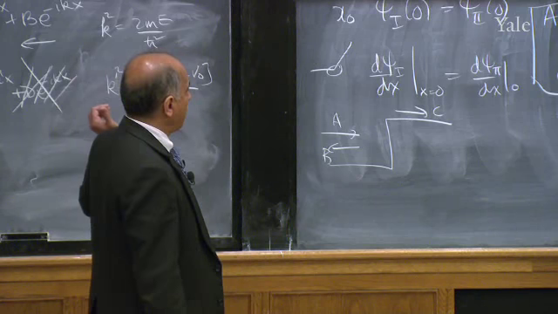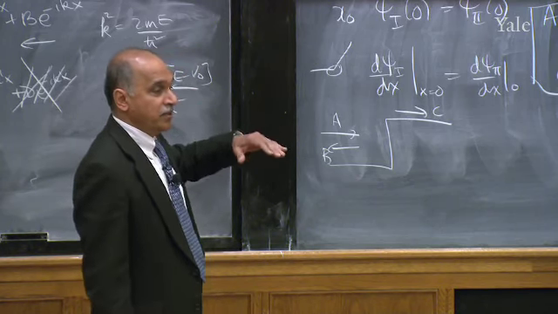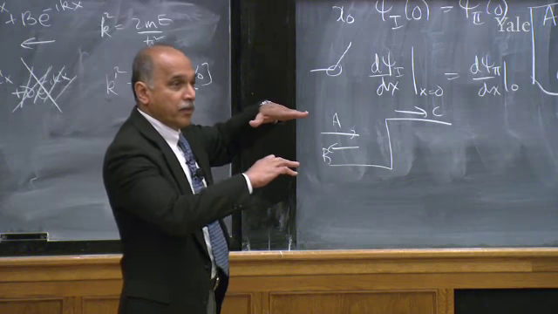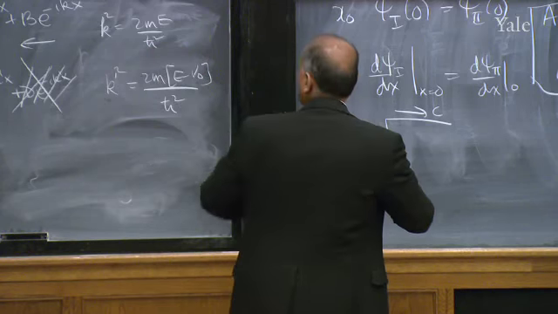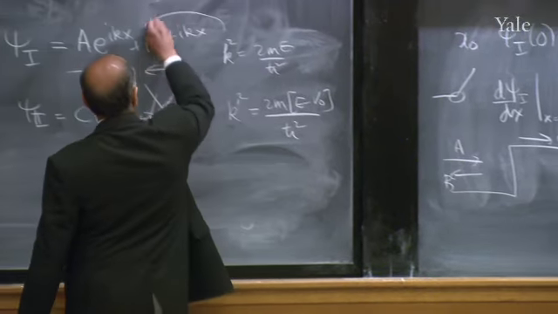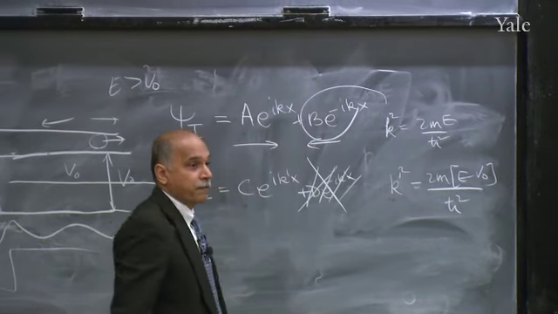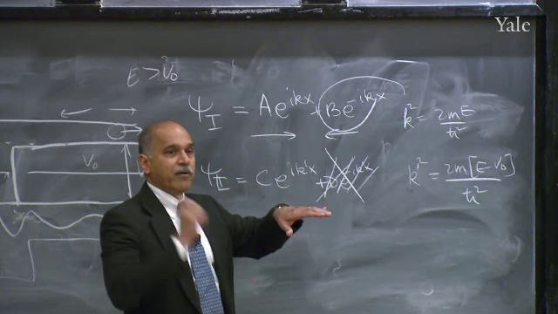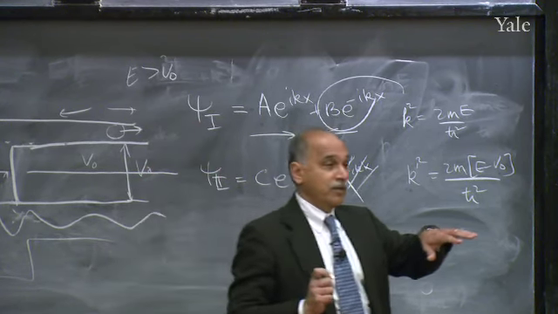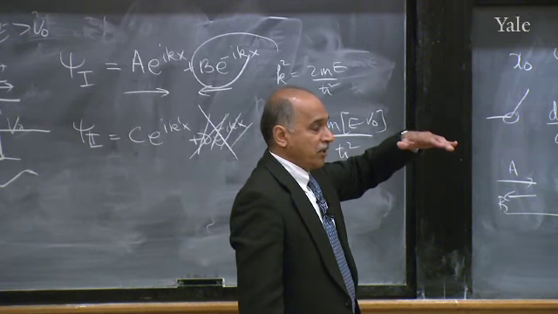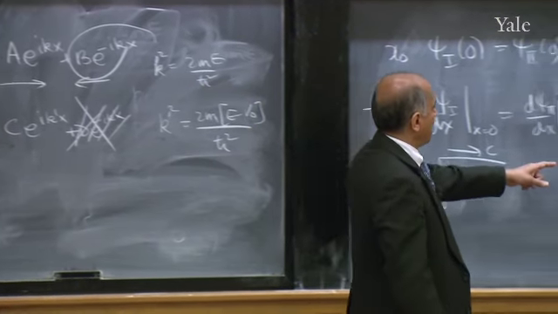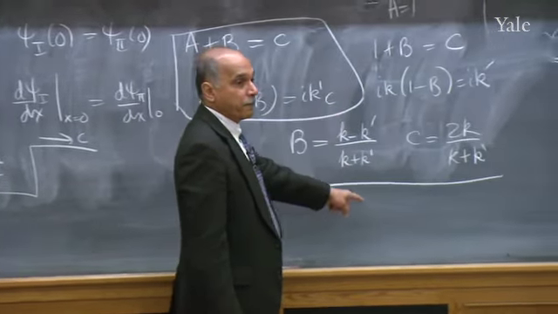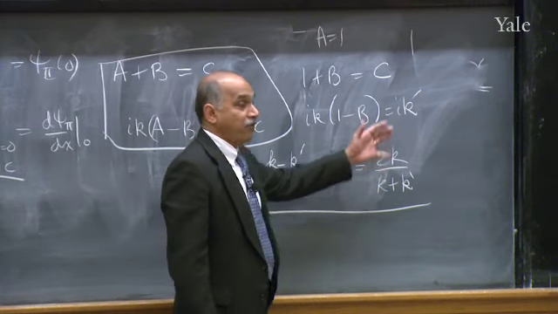Is that if you came in from the left with an energy bigger than the barrier, there's a certain probability that you will go backwards? In classical mechanics, if your energy is more than the barrier, you will never come back. Probability is 0. In quantum theory, even though your energy is more than the barrier, there's a certain probability to get reflected and a certain probability to get transmitted.